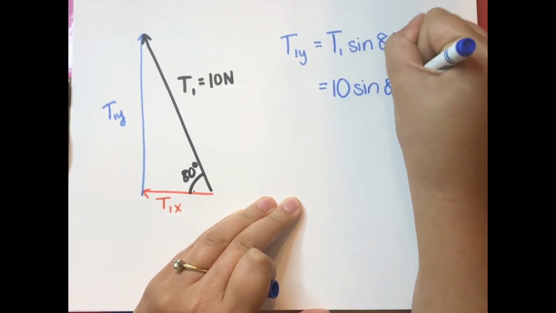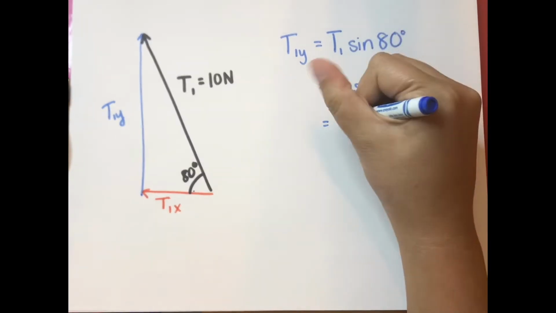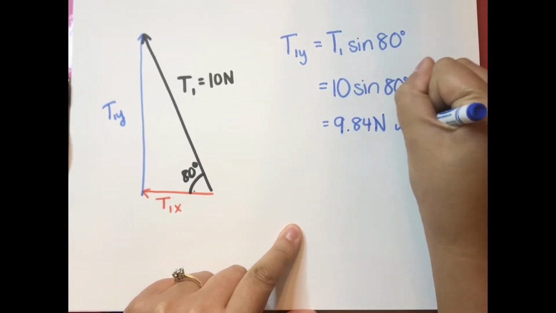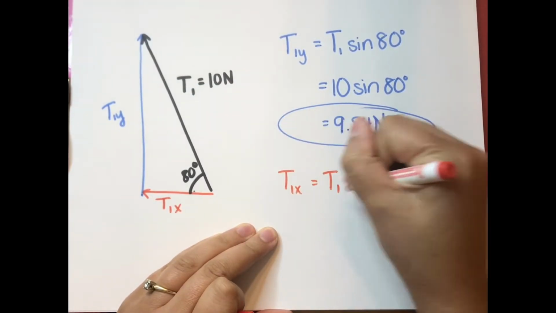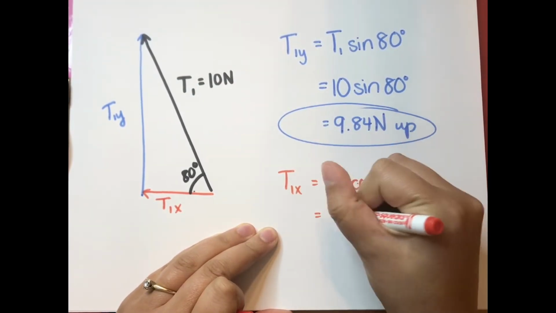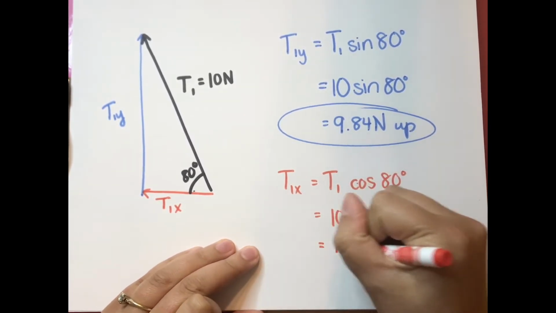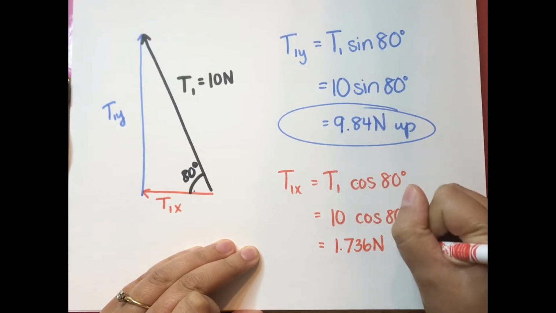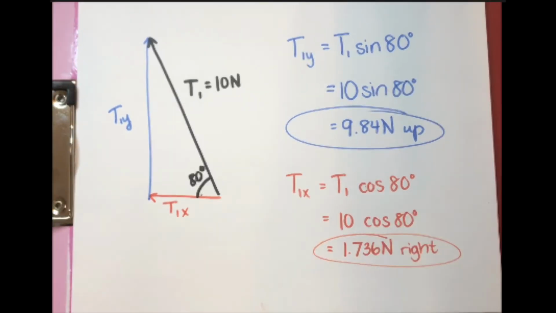So that's 10 sine 80 degrees, or in this case, that's 9.84 newtons up. In the x direction, T1x is T1 cosine 80 degrees, or 10 cosine 80, which is 1.736 newtons right. Now we're going to hold on to these two numbers, and we're going to substitute them back into our free body diagram in just a second. So hold on to them.